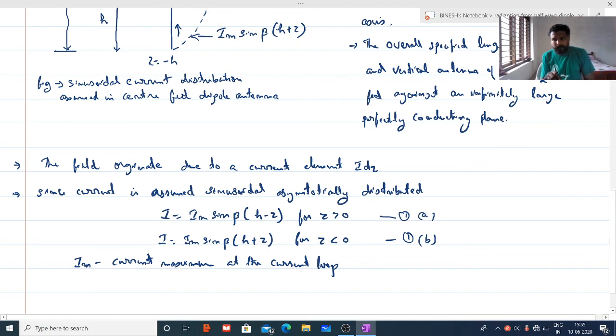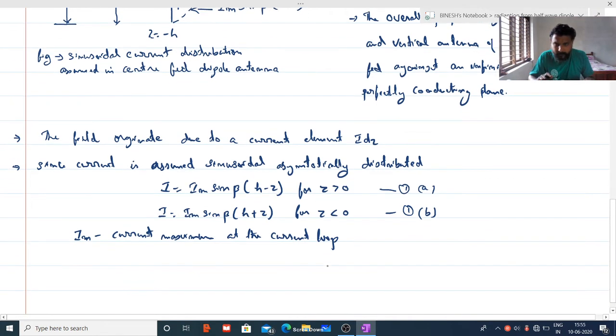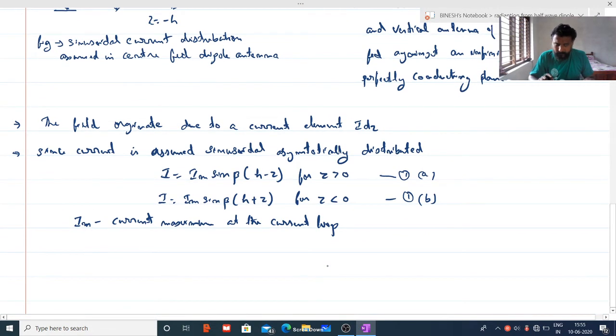Now we have to see the vector potential at a distant point P due to the current element I dz, that is the potential being produced at the distant point P. We have already discussed how we calculate A z and all those things. You can refer to what I discussed in the initial case when I explained the field distribution of the current element.